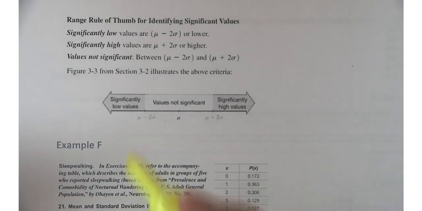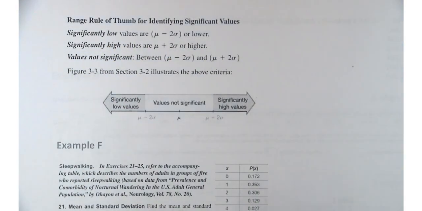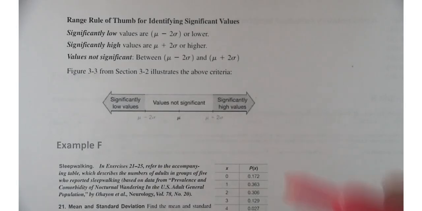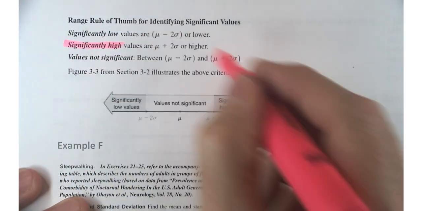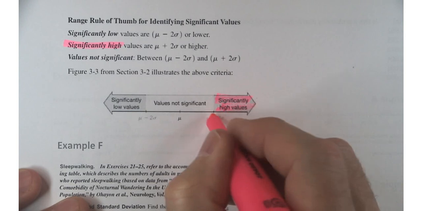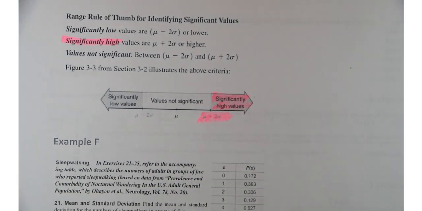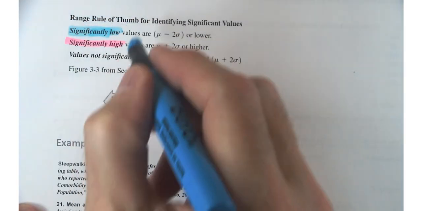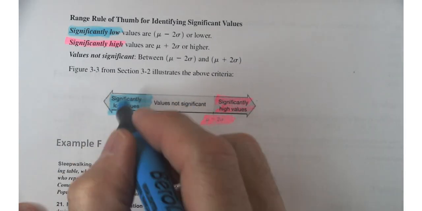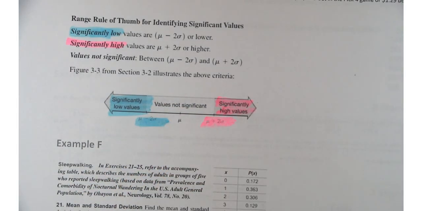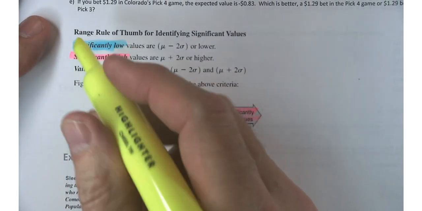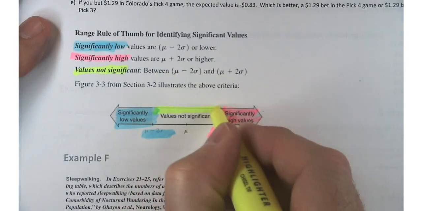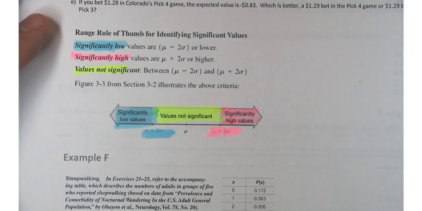Significantly high means you're more than 2 standard deviations above the mean. Significantly low means you're more than 2 standard deviations below the mean. And everything in between are values which aren't significant.